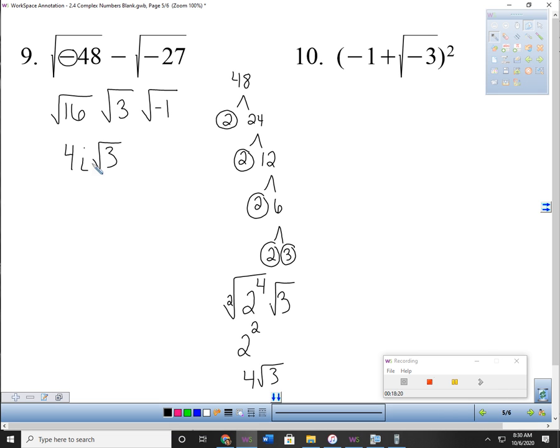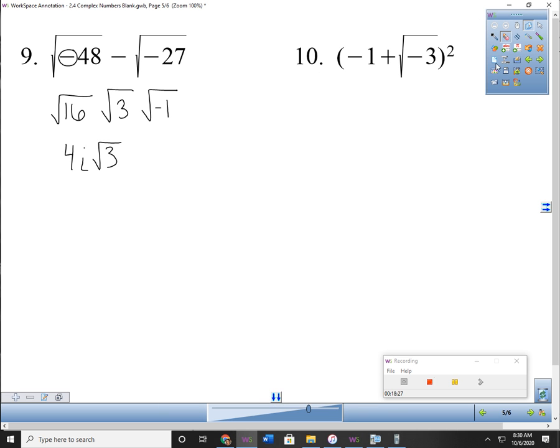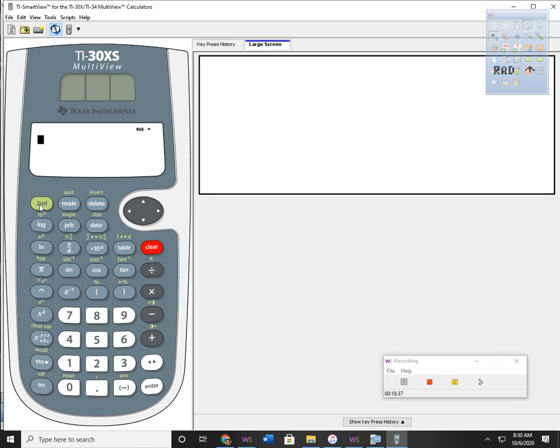All right, so I've got 4i square roots of 3. So if we take that, and let's just say we do it in the calculator, okay? I've got minus. I already know I'm going to have an i, right, because I have this negative underneath. So if I take the calculator and say square root of 27, I get 3 square roots of 3.